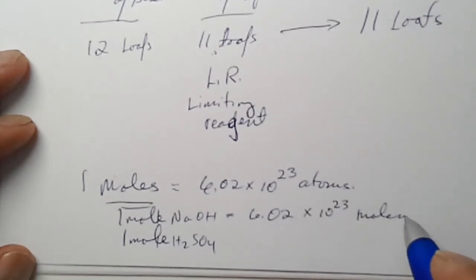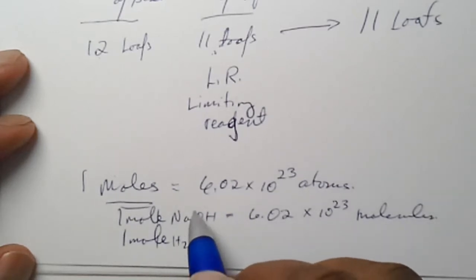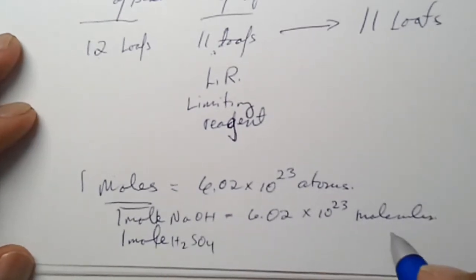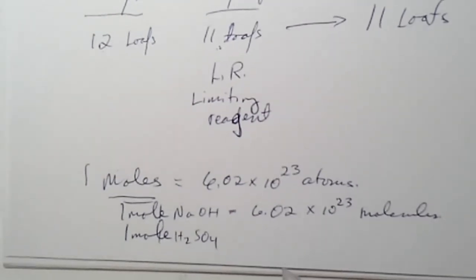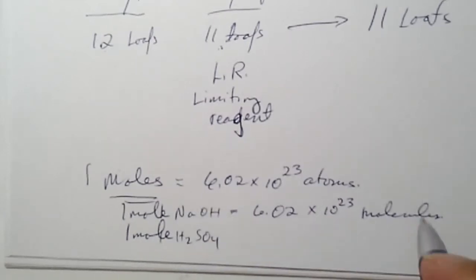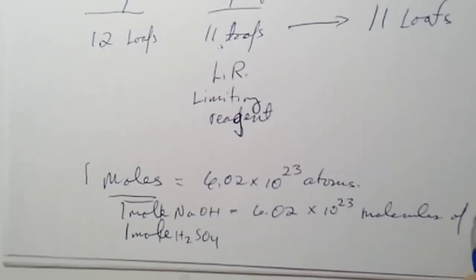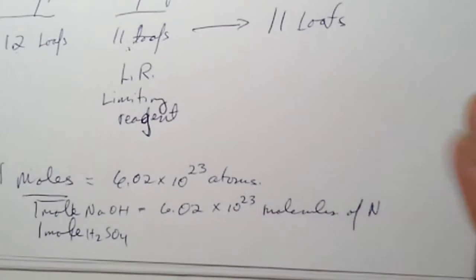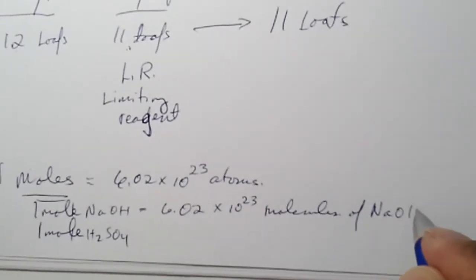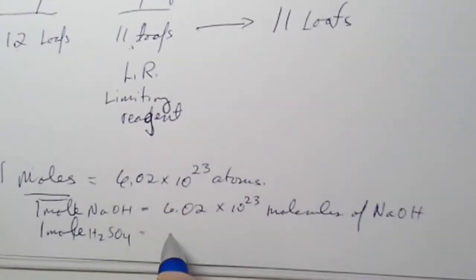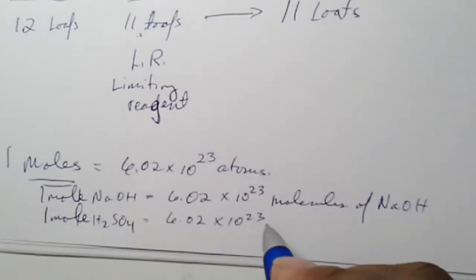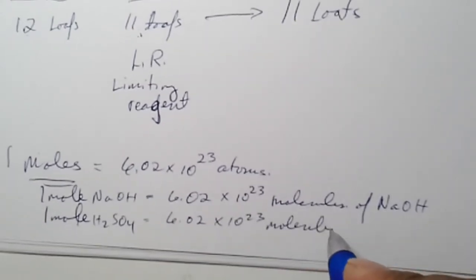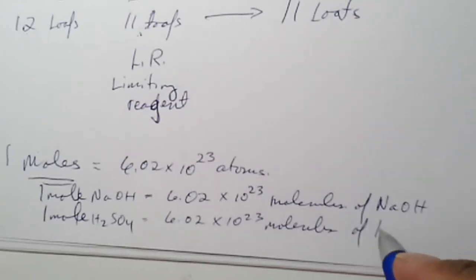So for the sodium hydroxide molecule, or compound, we have 6.02 times 10 to the 23rd molecules of NaOH. And we also have 6.02 times 10 to the 23rd molecules of sulfuric acid.